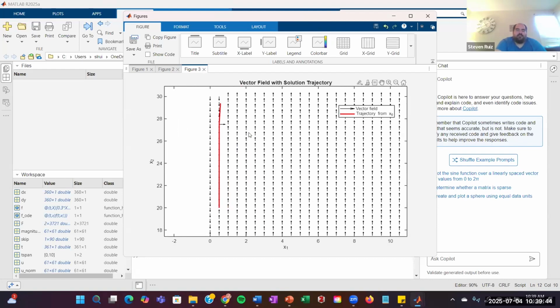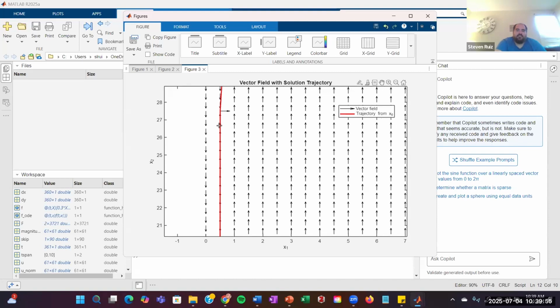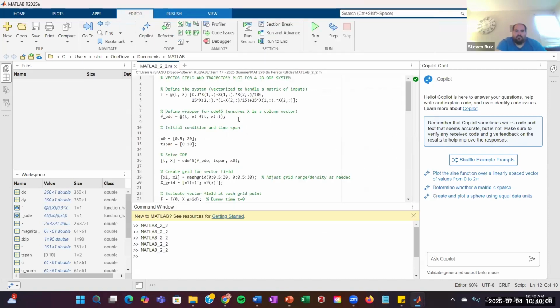So again, I would expect the mosquito population to be growing. Actually, I looked to the left and right of this line here. Looks like the mosquito population is dropping to the left of that line and growing to the right of that line. Let's try one more just to be thorough.